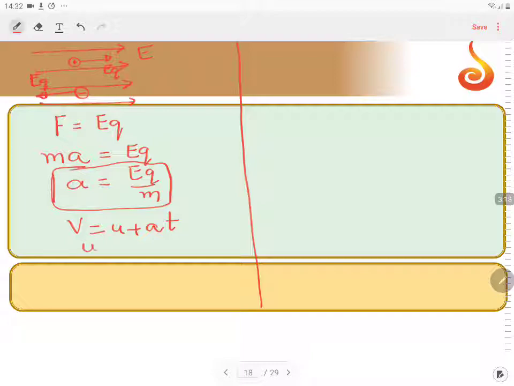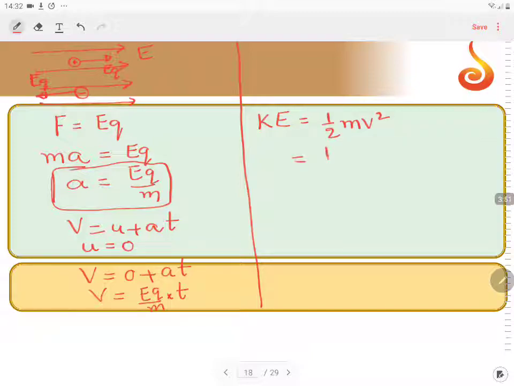So the particle has been released from rest, so initial velocity is 0. So what is the velocity or speed acquired after a time t? It is a into t. So v is equal to EQ by m into t. So this is the speed acquired by the particle after a time t. With this, we can calculate kinetic energy. So KE is equal to half mv square.